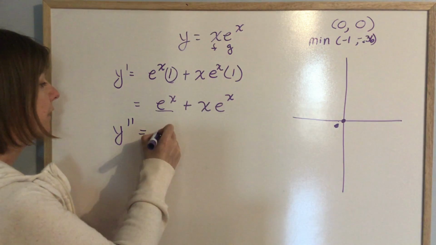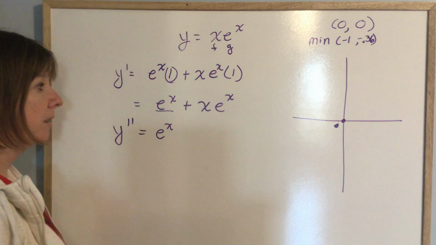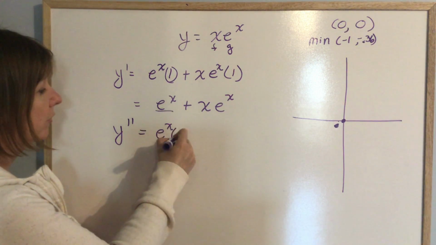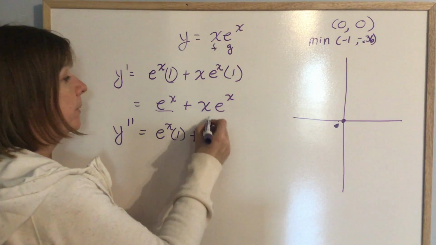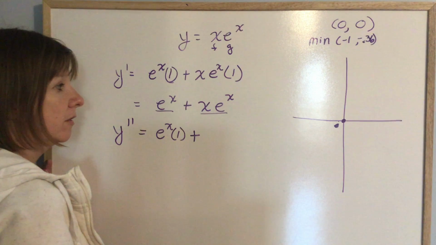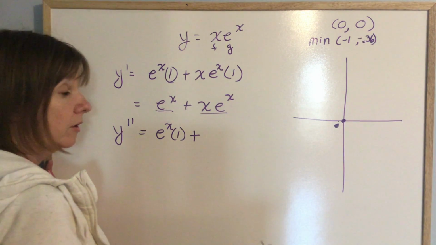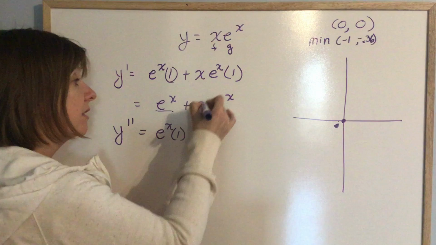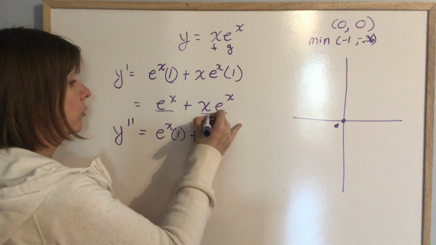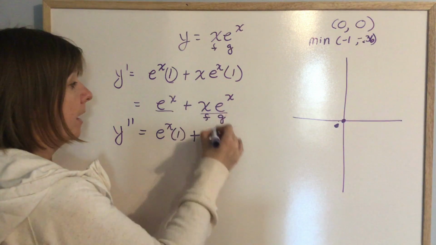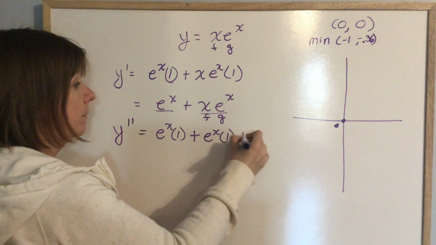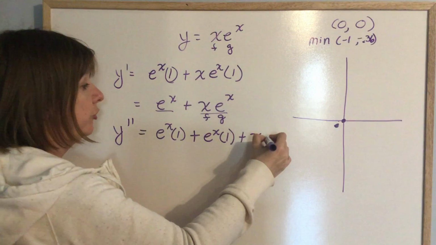of e to the x, which is just e to the x. The derivative of x is just 1, so it's e to the x. Plus, but now I have to take the derivative of this, where I'm multiplying two things together. So with this, I'm actually going to have to do the product rule, because this is f, this is g. So g f prime plus f g prime.